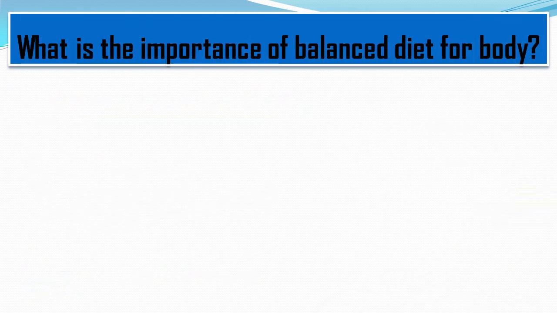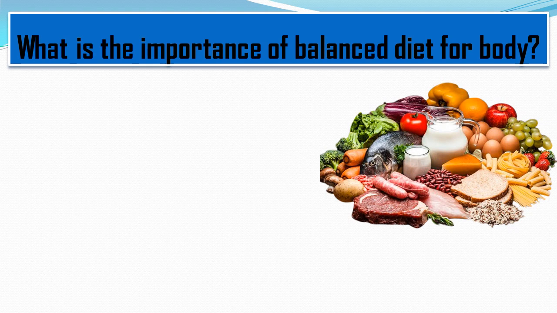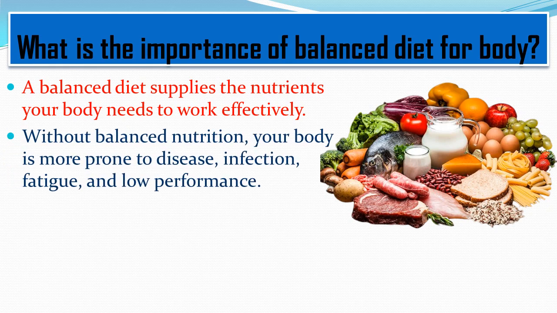Alright, now next question: what is the importance of a balanced diet for our body? Okay, we are taking a diet, but is our diet balanced? It should be balanced. So a balanced diet supplies all the nutrients your body needs to work effectively. Nutrients means carbohydrate, protein, and our daily diet contains all the nutrients required by our body. Without balanced nutrition, your body is more prone to disease, infection, fatigue and low performance.